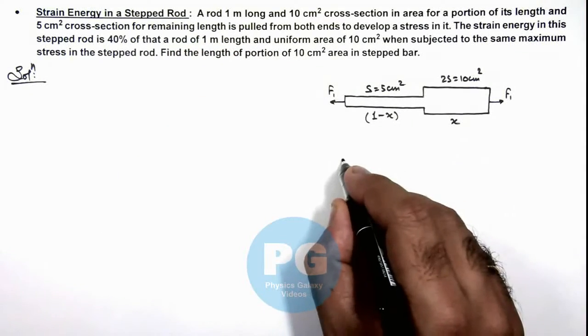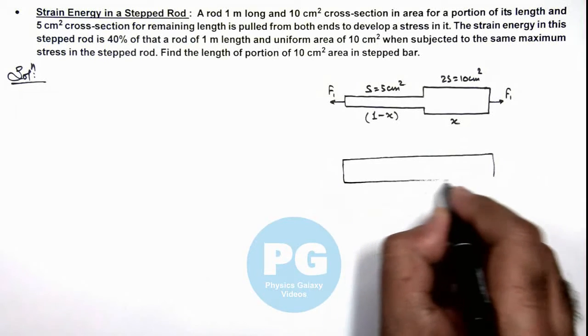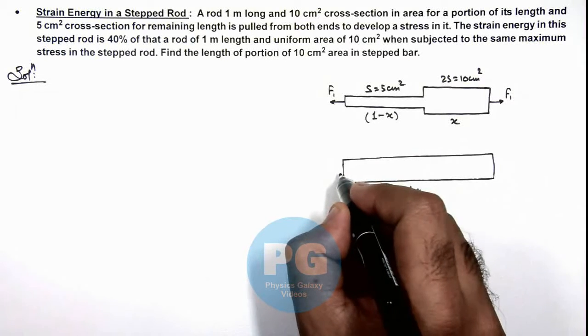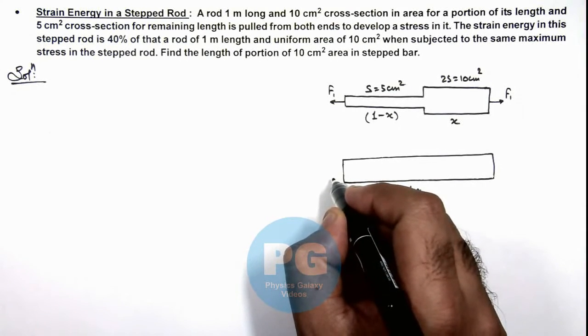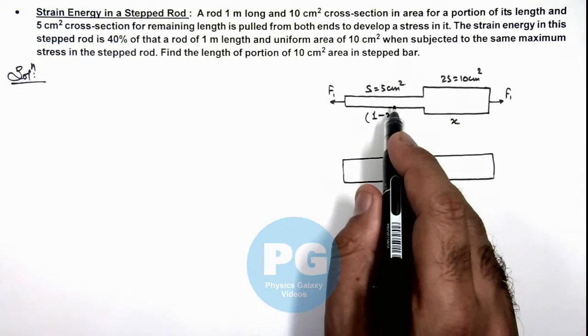Here we can say if there is a rod we consider again of length 1 meter but of uniform area, and we consider it is subjected to the same maximum stress which is there in the stepped bar.